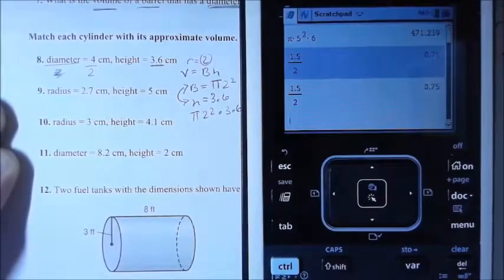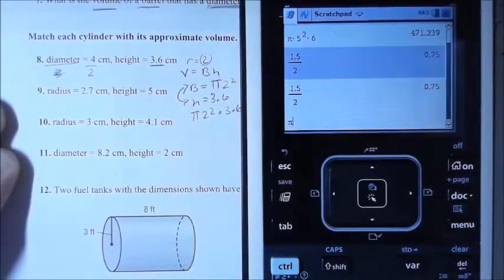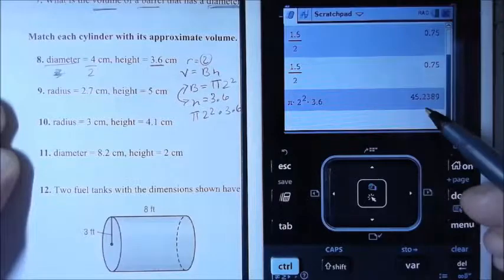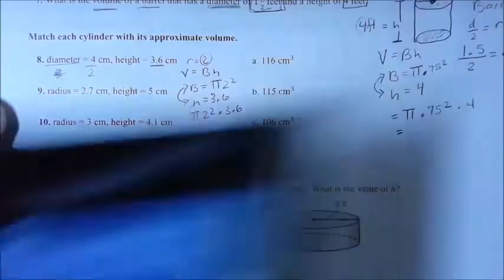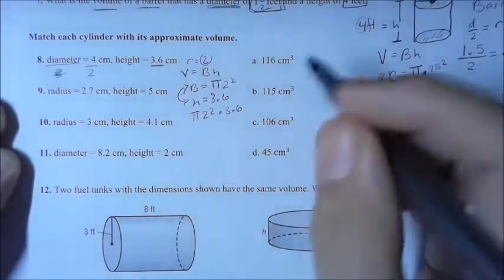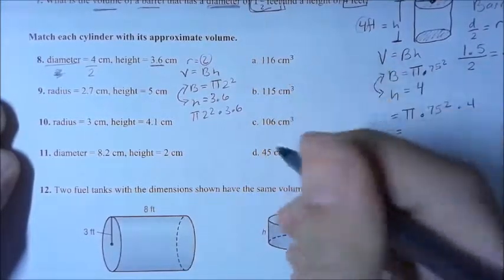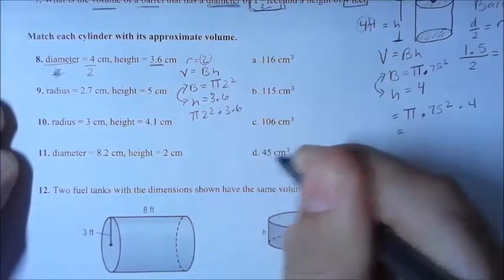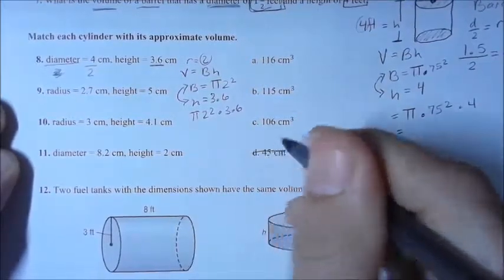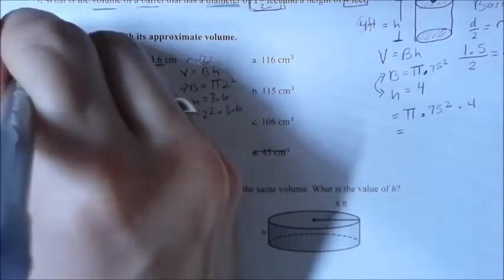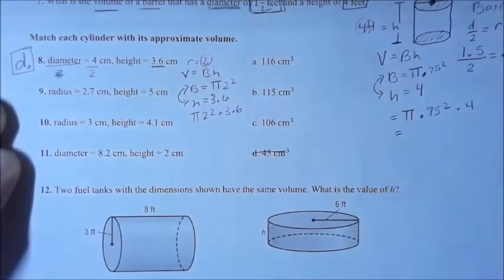We got pi 2 squared times 3.6. And it says 45.2 if we round it. So 45.2, if you look out of all these answers, the closest answer to 45.2 is D. So I'm going to draw a line through D, and I'm going to say that 8 is D, because that's the closest answer to it.